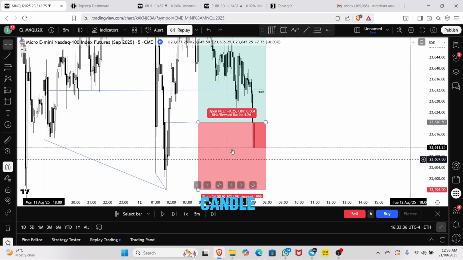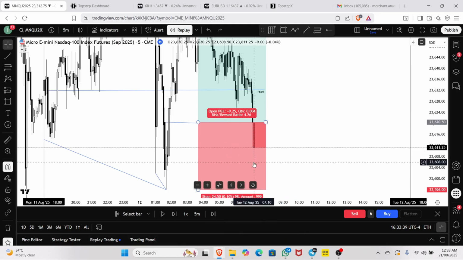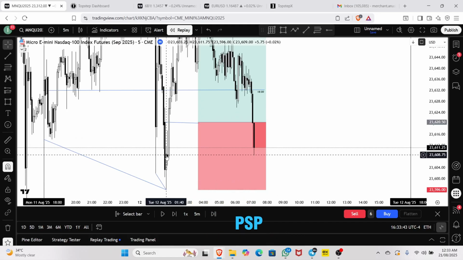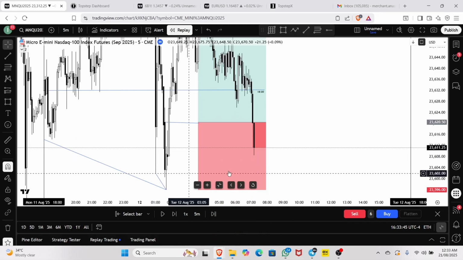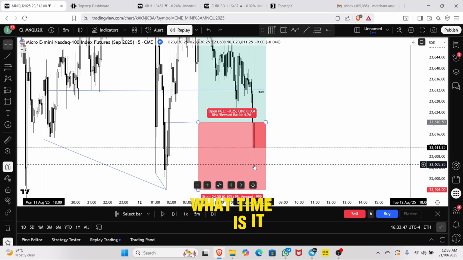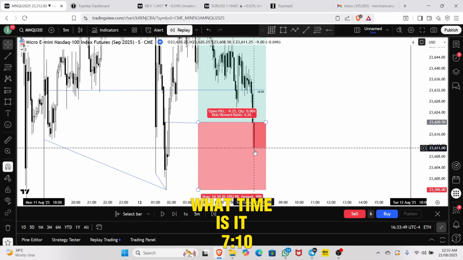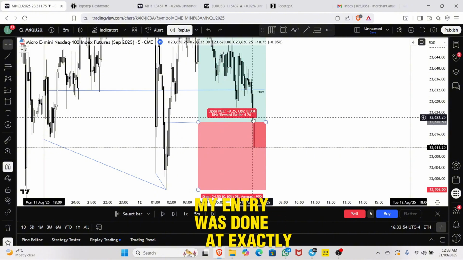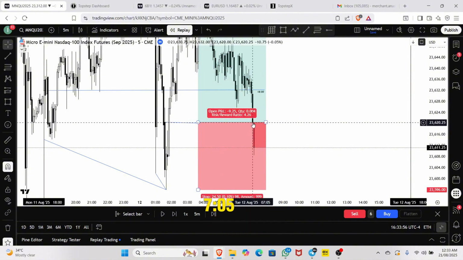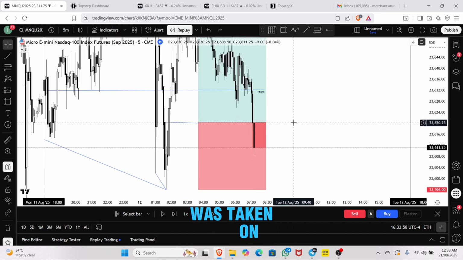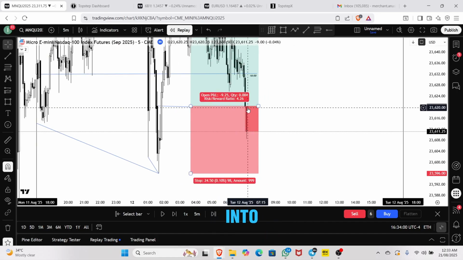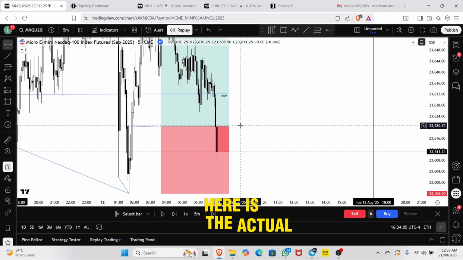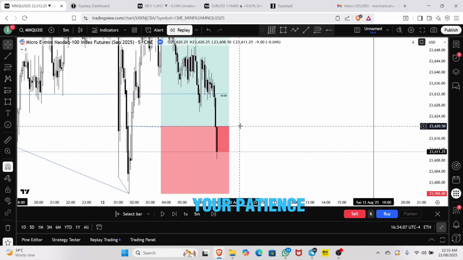And then the very next candle took me into the drawdown, coming up towards this PSP, this one candle, the 1:40 candle. What time is it? 7:10. My entry was done at exactly 7:05. The 7:05 candle closed and my entry was taken, and I was hit into a drawdown. Here is where your patience is tested.